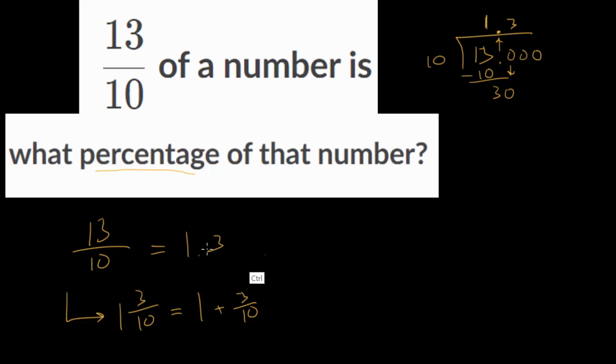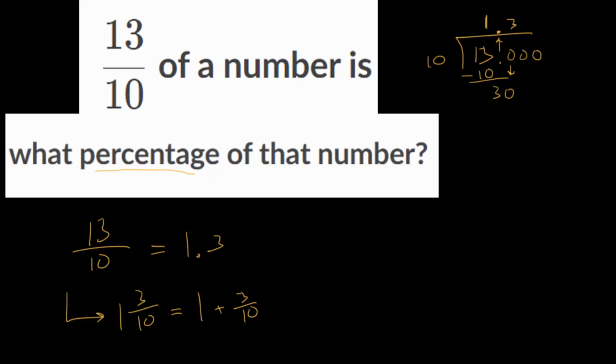So because this is divided by 10, or it would be the same if it's divided by 10 to any power, we can very quickly write that as a decimal. But if it's something more complicated, let's say 7/8, then you would have to use long division to show that this is 0.875.